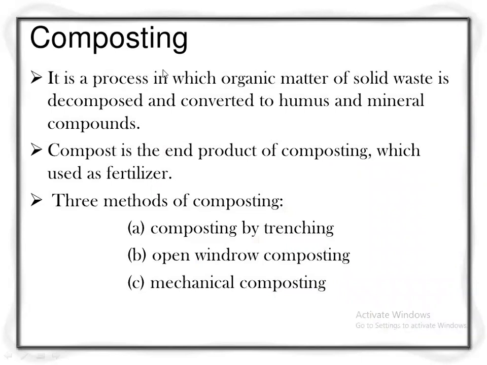The first method was composting, in which the organic matter of solid waste is decomposed and decayed, and converted into humus and mineral compounds, and after decomposition it is converted into a fertilizer product.